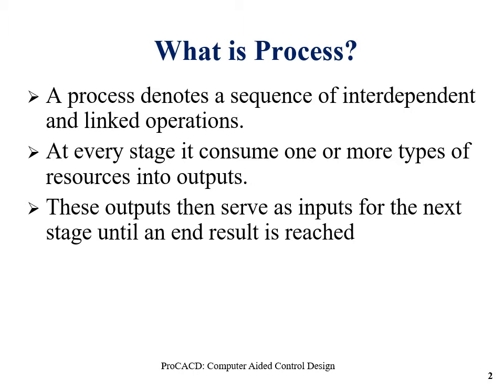In every intermediate stage, it consumes one or more types of resources, such as energy, materials, machines, time, money, etc., which convert the inputs to the outputs of that stage. This continues until a known goal or end result is reached. A process can be a complicated one like oil refining, or a simple online shopping process.